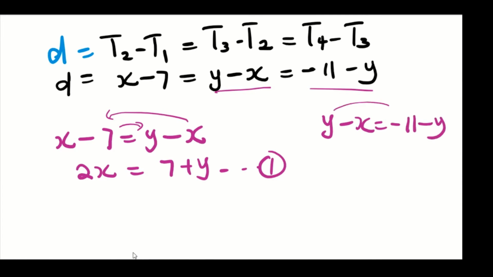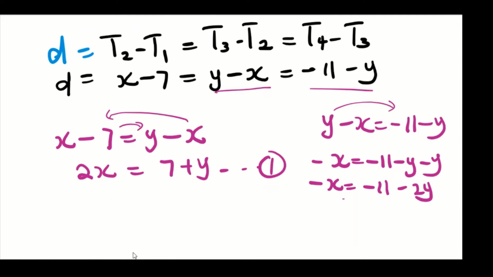And then I transpose the y to the other side, I have minus x being equal to minus 11 minus 2y. Then I divide by negative 1, I have x being equal to 11 plus 2y. So this would be my equation 2.